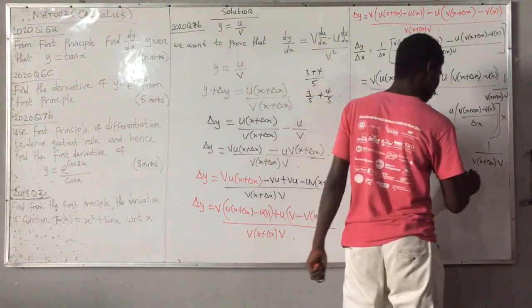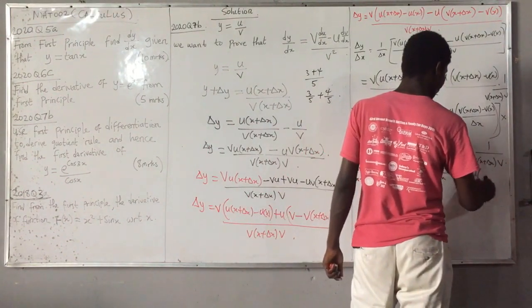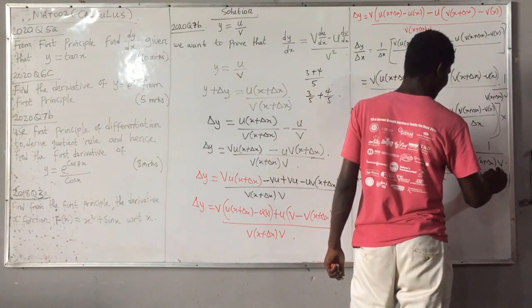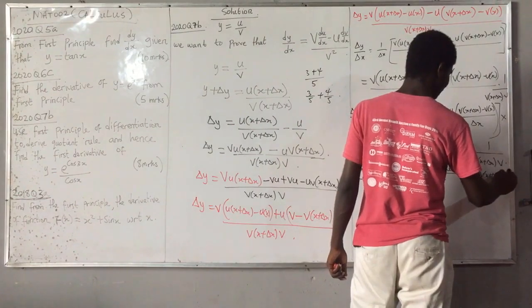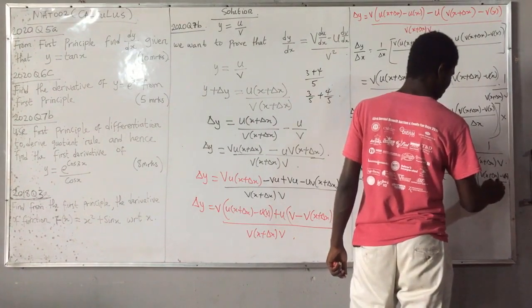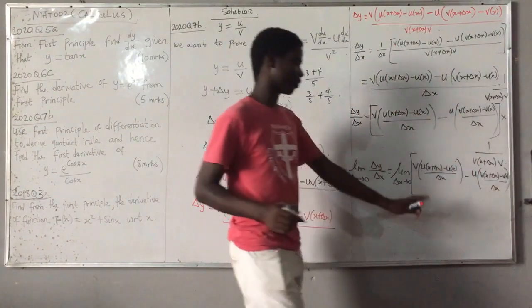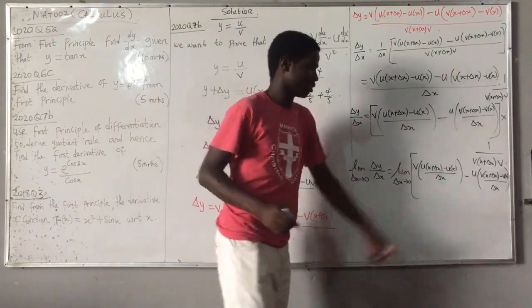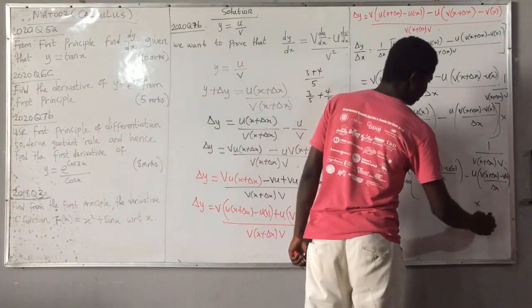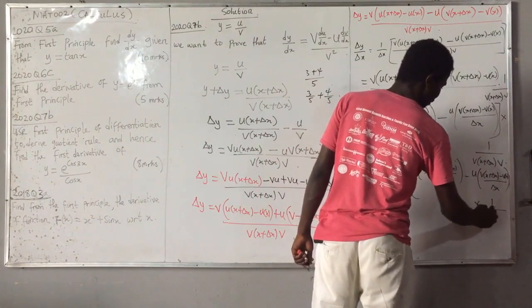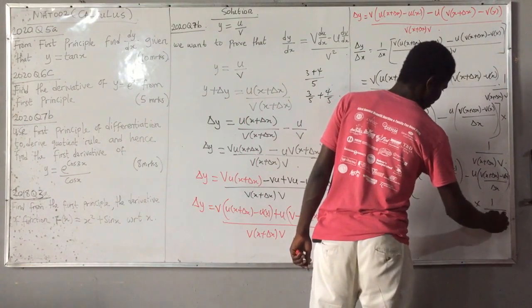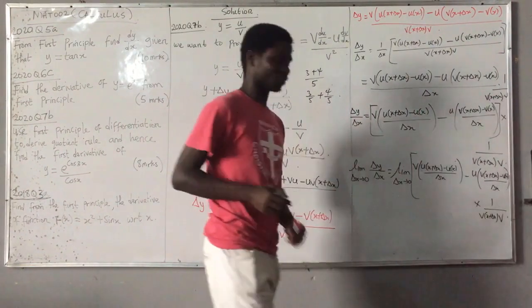Then minus u times v of x plus delta x minus v of x all over delta x. Now, that's what I have. Don't forget this last piece. Then we write it under again. Multiply by 1 over v of x plus delta x multiplied by v. That's what I'm going to have.